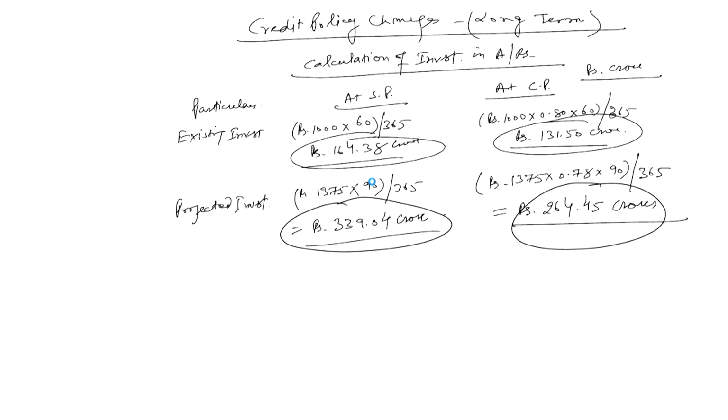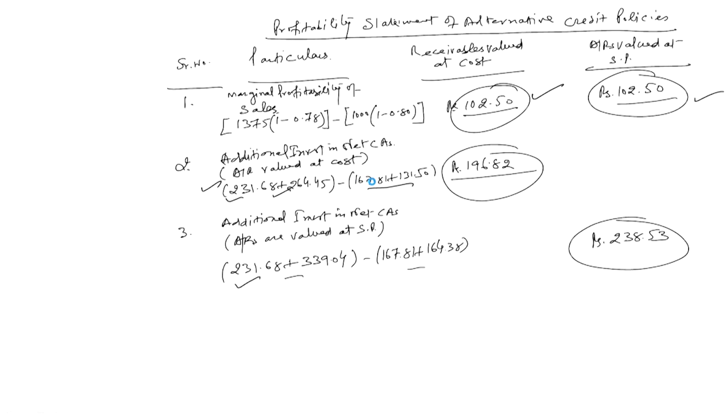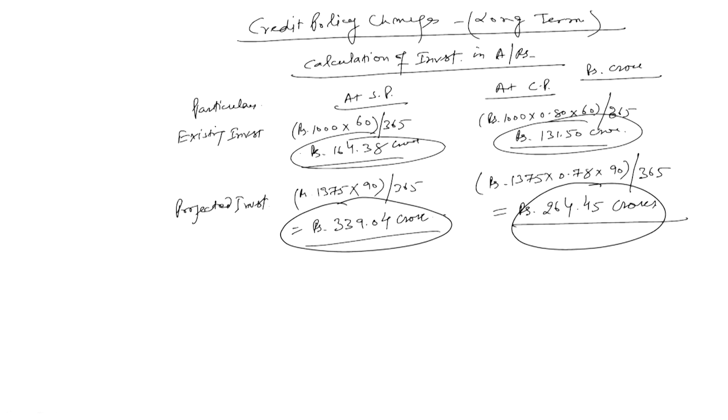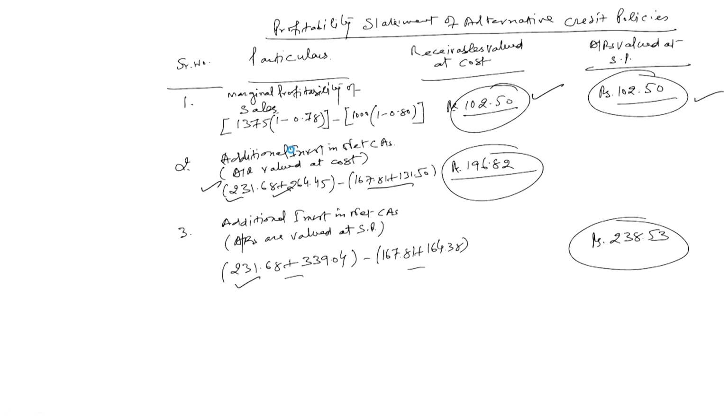The existing investment in the receivables is 164.38. This total is this and this total is this. So, this minus this will become 238.53 crores. 238.53 crores is the investment.